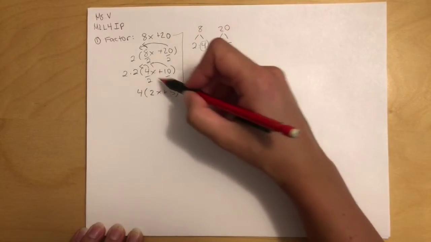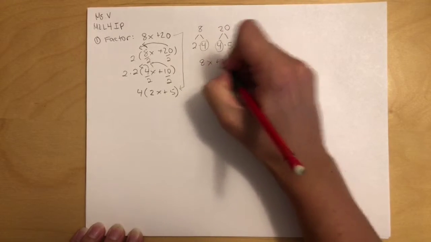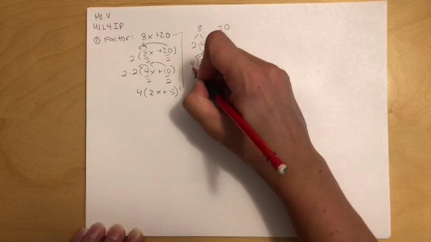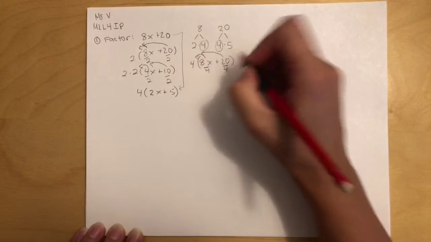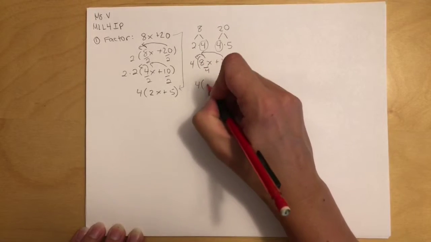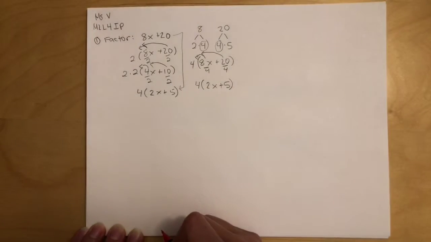So we could do this all in one step, where we have 8x plus 20, and we're going to pull the 4 out. We take a 4 from each of these, pull it out, and we'll have 4 times 2x plus 5.